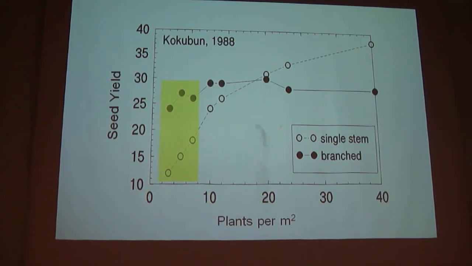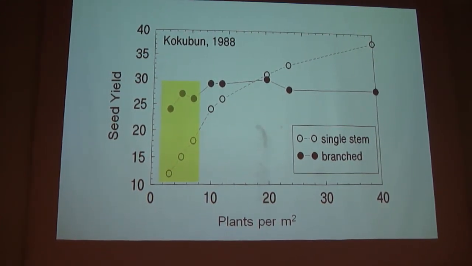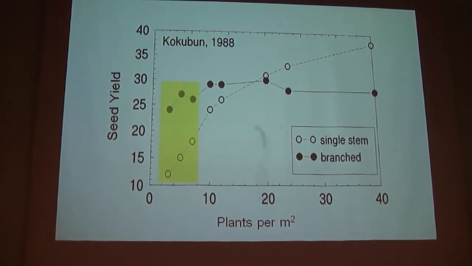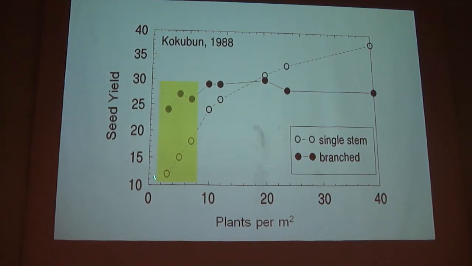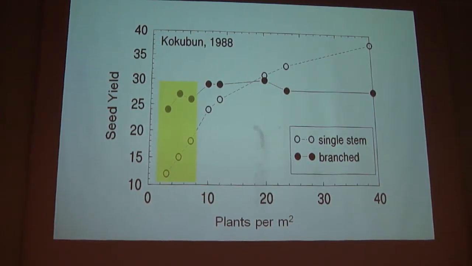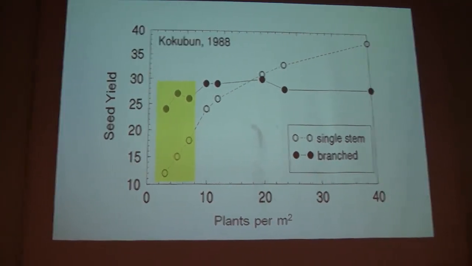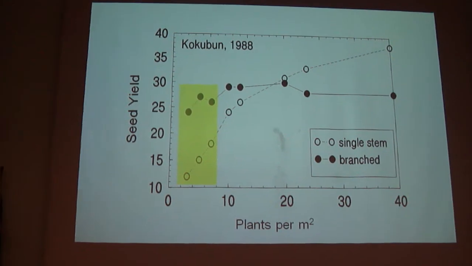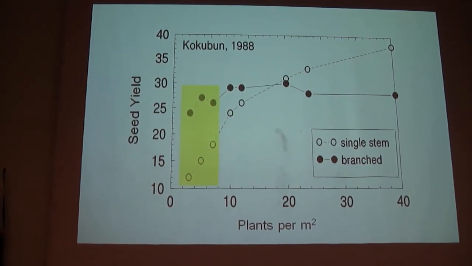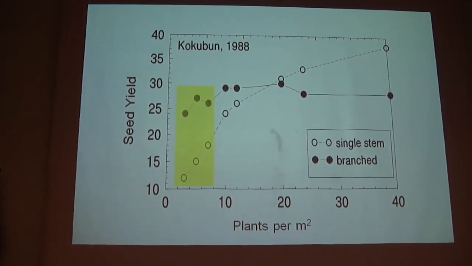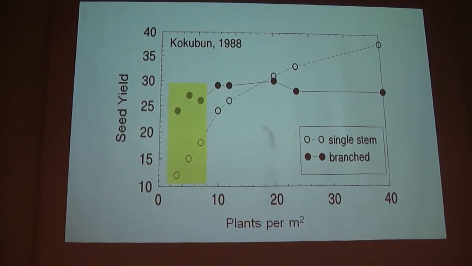And there we see exactly what you would expect from the kind of trade-offs that Donald talked about, what I've just been talking about. That is, at low plant density, the non-branching soybeans are not able to intercept all the available light, in the same sense that an erect leaf wouldn't intercept all the available light at low density.